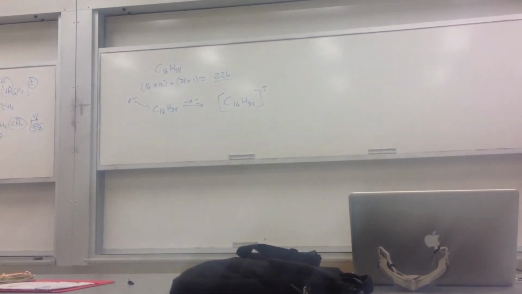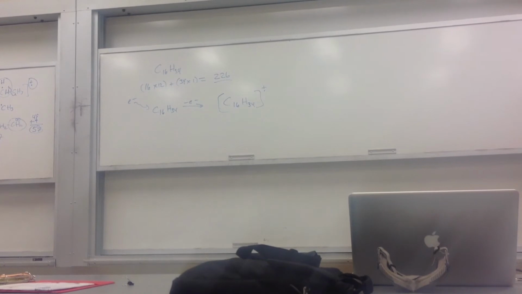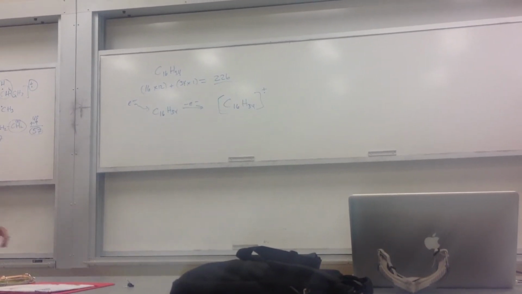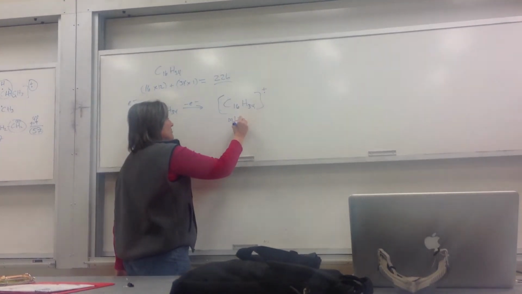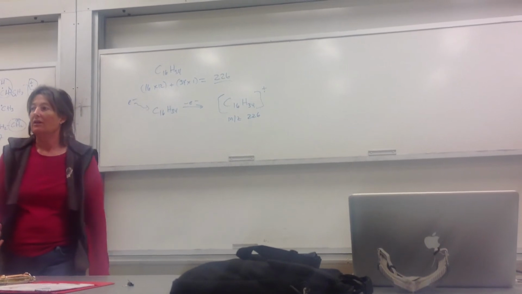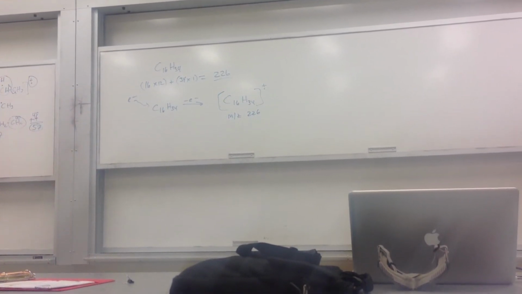Now, this is the parent. At this point, I have lost just an electron, which weighs effectively nothing. And so this has an M over Z of 226. So, that's my molecular weight.